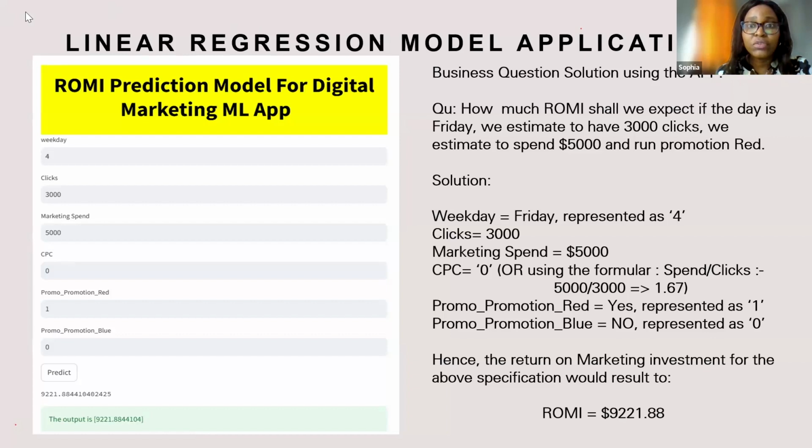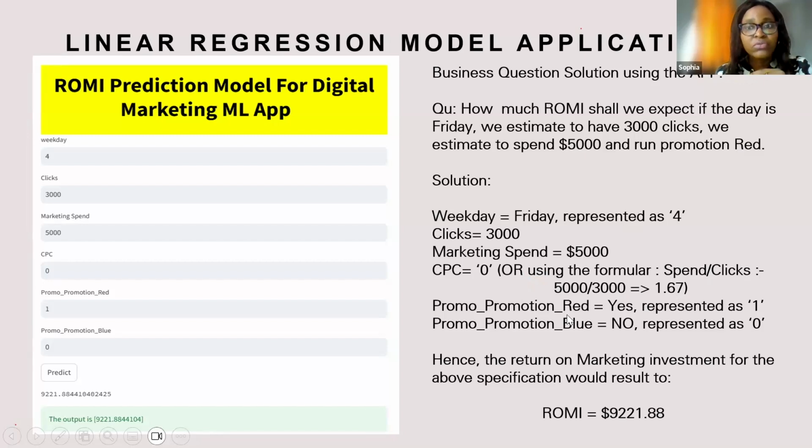Then you've got your clicks, which is 3,000, and marketing spend. CPC, you don't have, so you can assume it's zero, as the question doesn't specify it. But if you decide to derive the CPC, which is spend over clicks, you'll still come out with the same answer at the end of the day.